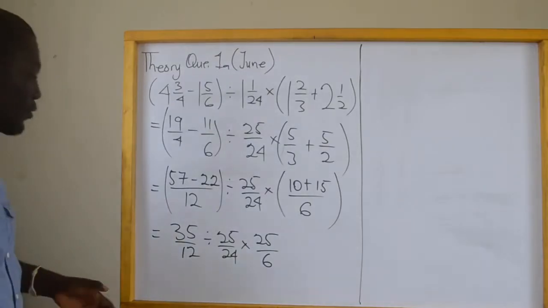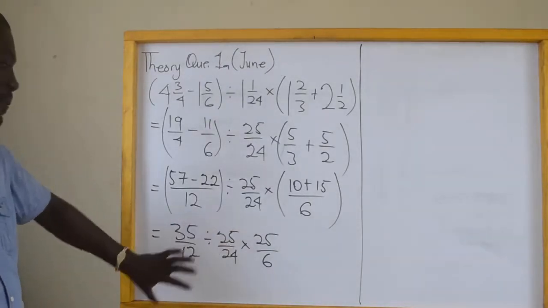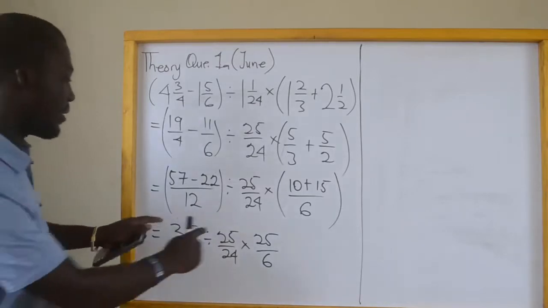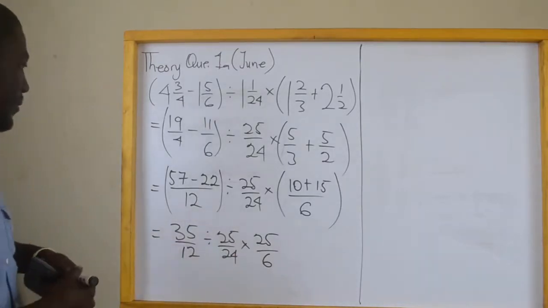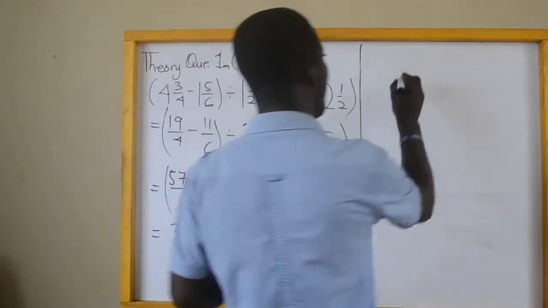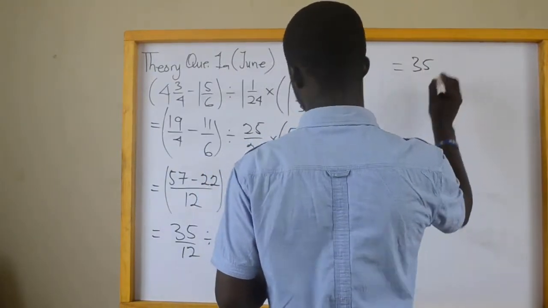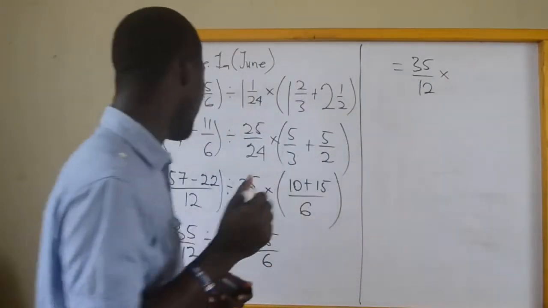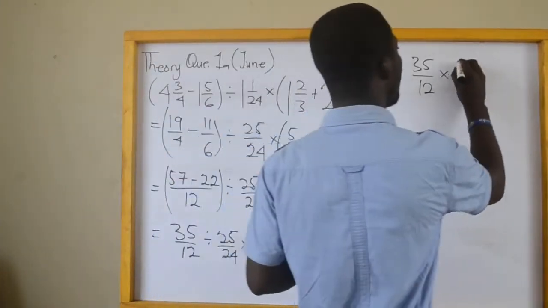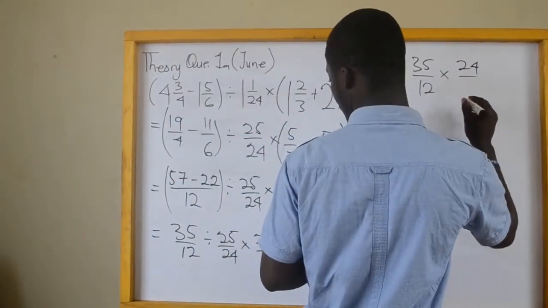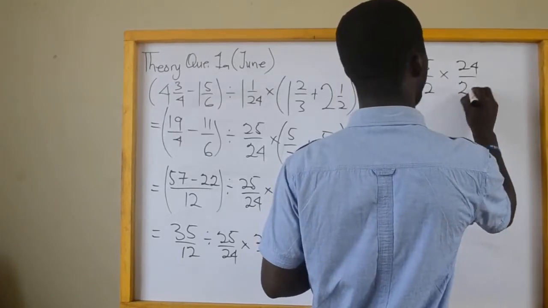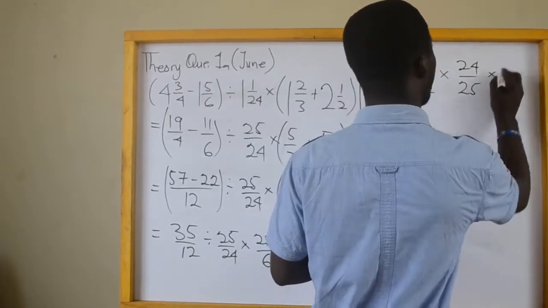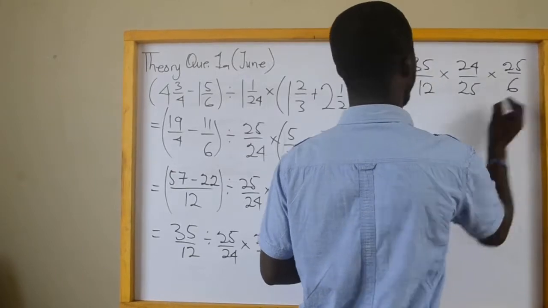Our next step, we should deal with this part. 35 over 12, division, we change it to multiplication, which will be 24 over 25. Then we bring our 25 over 6.